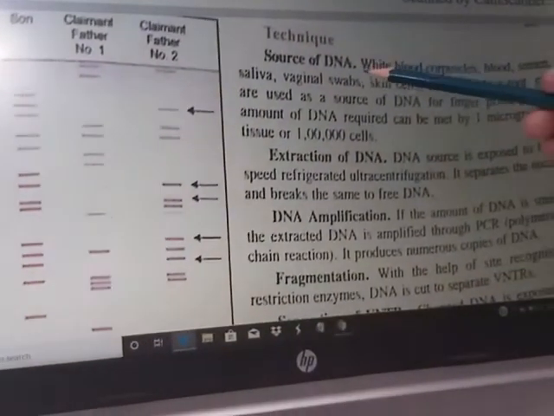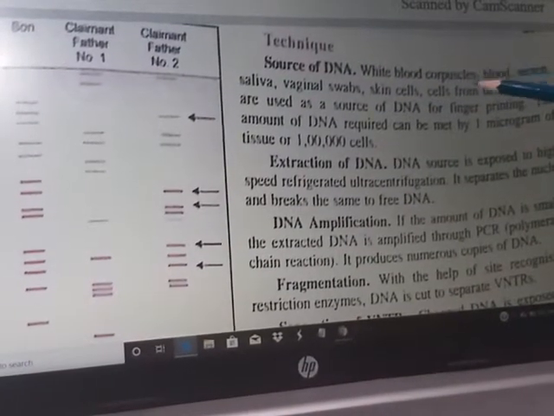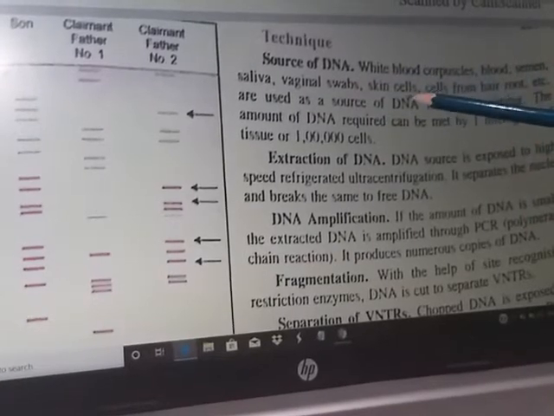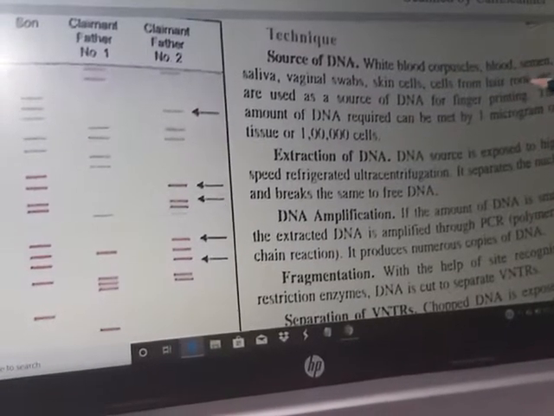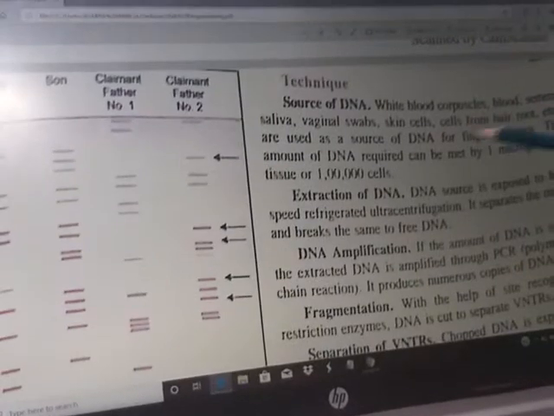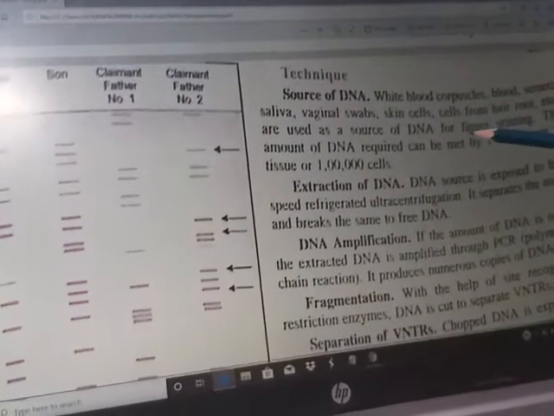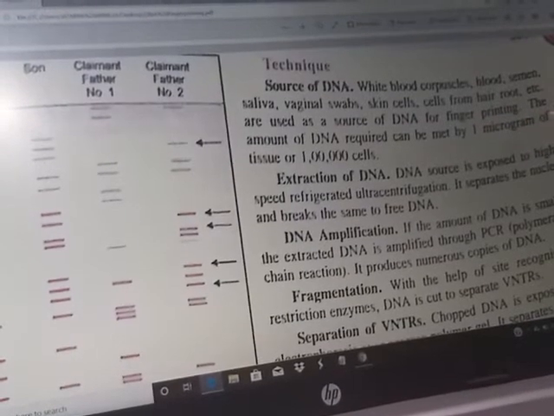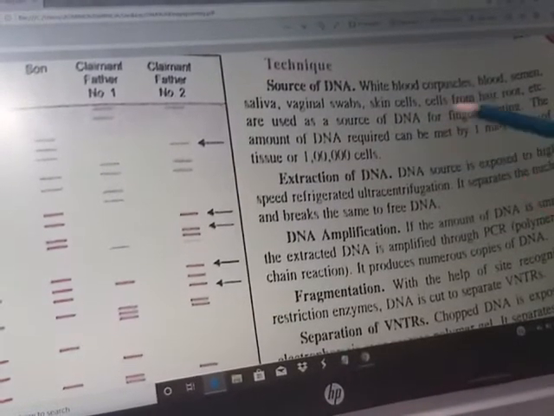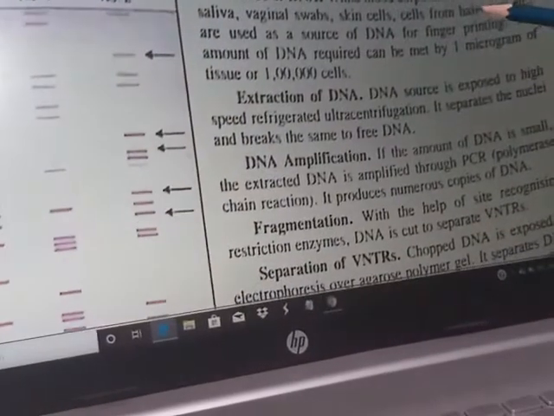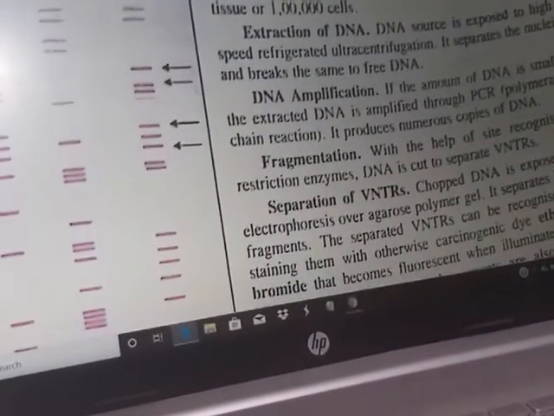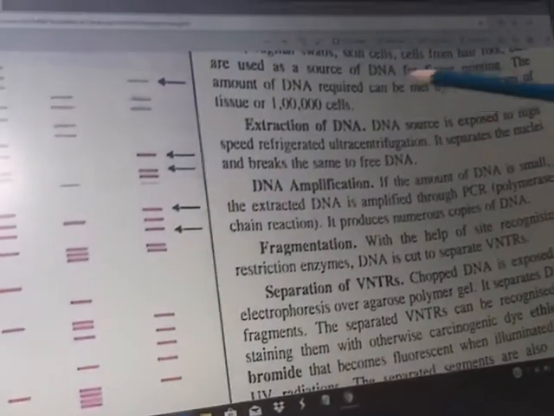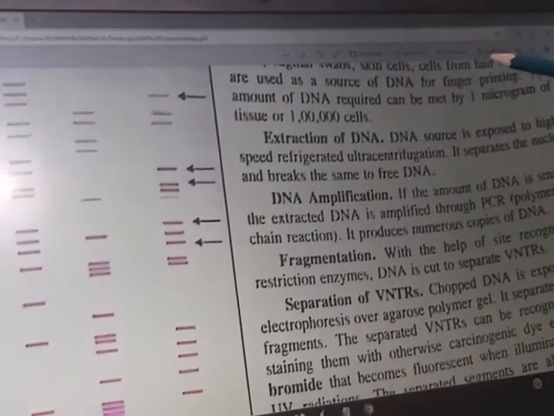Source of DNA: it can be white blood cells, blood, semen, saliva, vaginal swabs, skin cells, cells from hair root, etc. Any source. But we need a very small quantity of DNA, maybe 1 microgram of the tissue or these many cells. Second step, once we have obtained the DNA, is extraction from the cell, because at this stage we have collected certain cells.